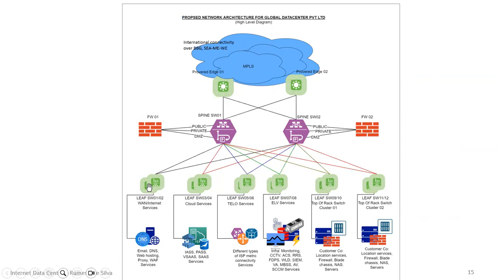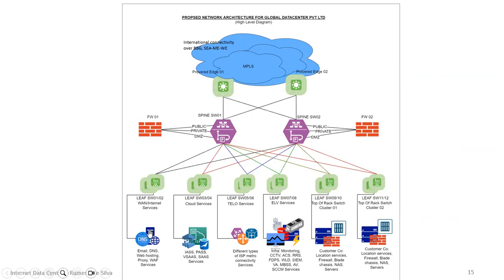Under this TOR, switch 1 and switch 2, you see two switches, a switch cluster. This has been kept for WAN or internet services in the data center.